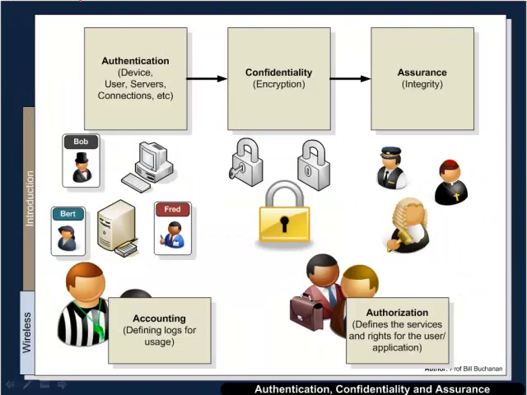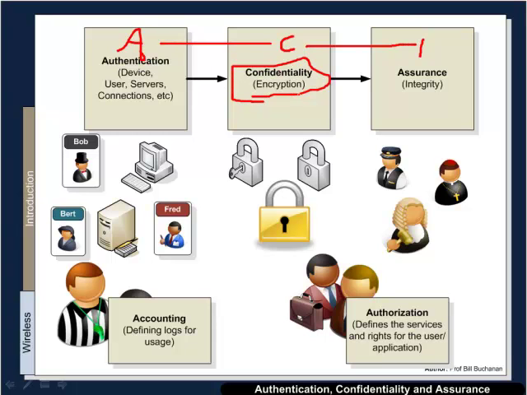So what are our main guiding lights? Well, typically we deal with CIA: confidentiality, integrity, and authentication, and it's these three things together that should give us a secure infrastructure. For confidentiality we use techniques such as encryption to keep data secret.